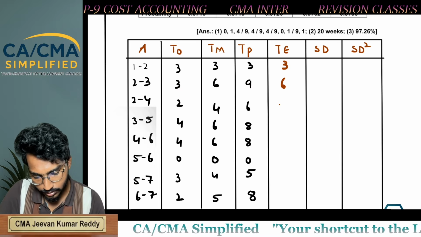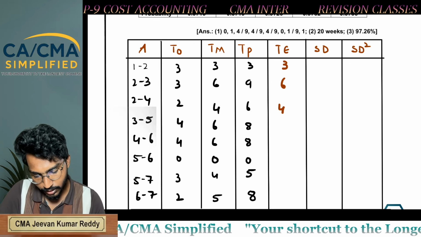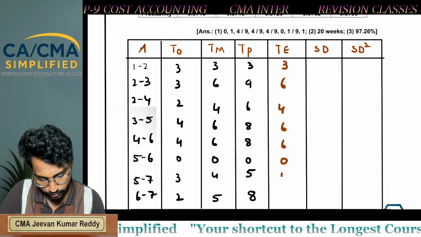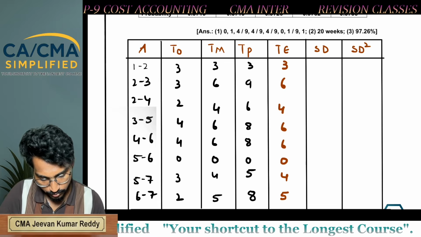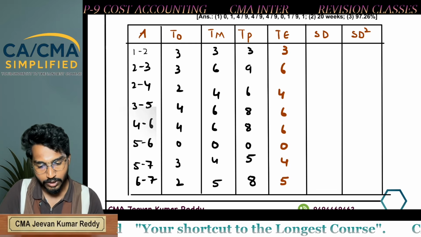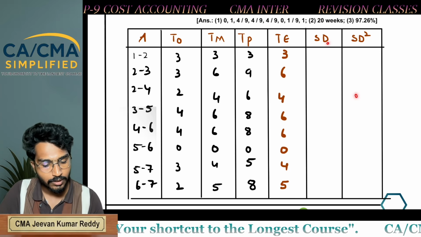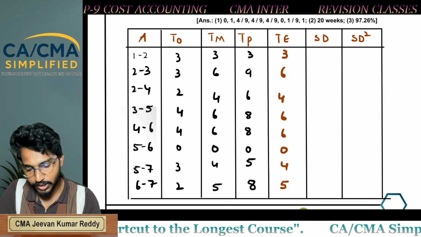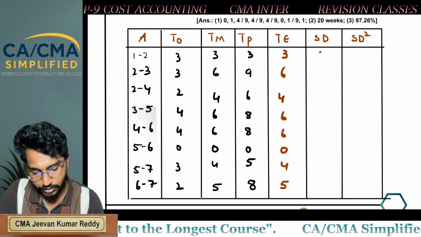Now the expected times are 3, 6, 4, 6, 0, 4, 5. What is the formula for SD? TP minus TO divided by 6. So 3 minus 3 is 0, divided by 6 is 0.